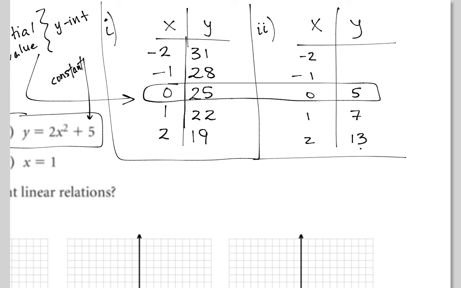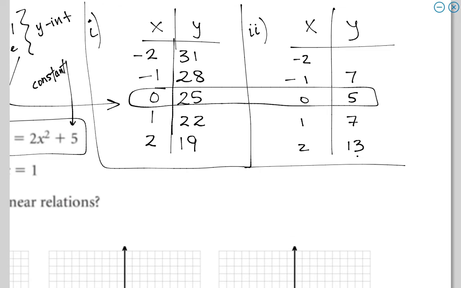If you put that in your calculator and don't put the brackets in, it'll lie to you. So be smarter than your calculator. Okay, -1 squared is 1. 1 times 2 is 2. 2 plus 5 is 7. Hey, look at that. It's the same value as +1. Let's plug in a -2. -2 squared is 4. 4 times 2 is 8 plus 5 is 13. Hey, it's the same.